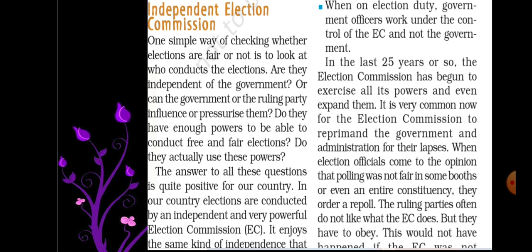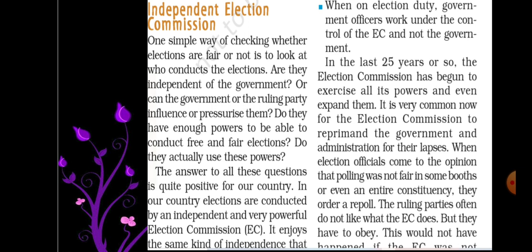In India, the poor, illiterate, and underprivileged people vote in large proportion as compared to the rich and privileged sections.